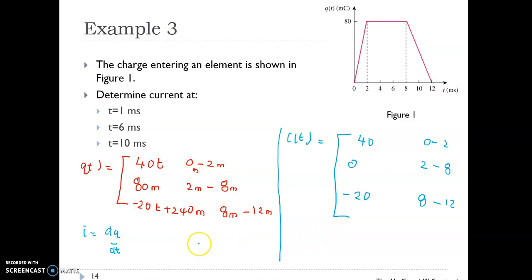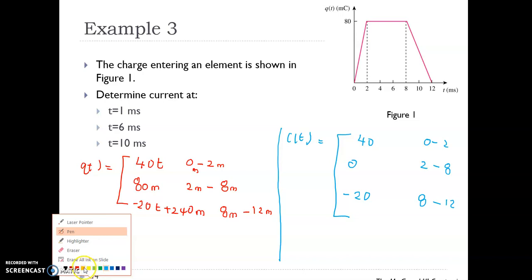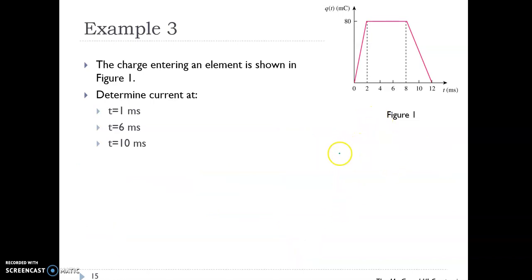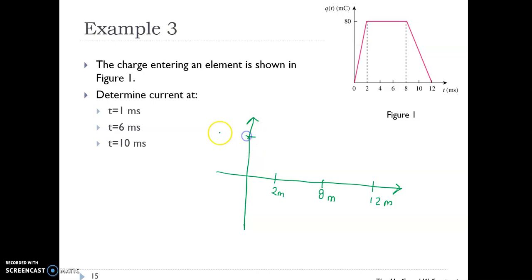Okay, and if you were asked to plot the graph for this, so this is your charge graph, 2m, 8m, 12m, and this one is 40.